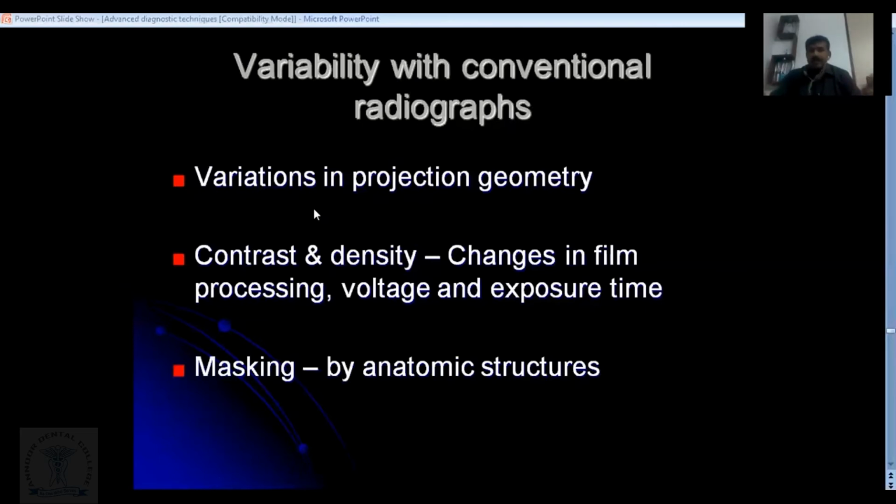And there is masking by the anatomical structures. So all these can result in distortions in radiographs, and you may not be able to appreciate exactly what you want from that radiograph. You will not be able to get the correct anatomical projection from that radiograph.